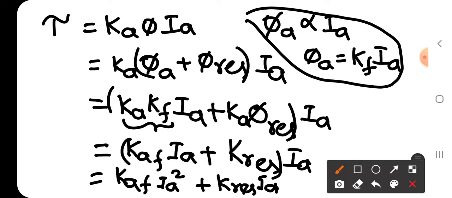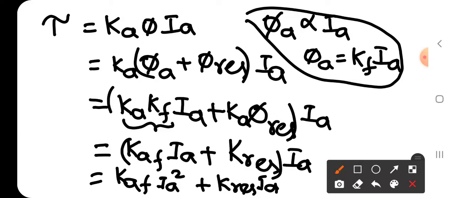The first one is Kaf into Ia square, which is considered as the armature component of the torque, and the second one is KRES into Ia, which is the torque due to the residual magnetism flux.